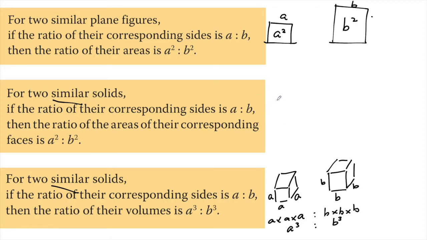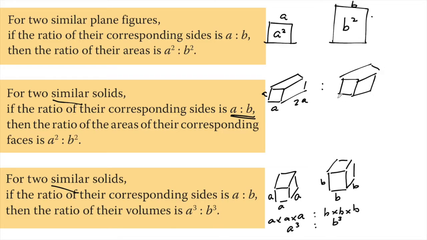So even if it's a cuboid, let's say a cuboid with a length A and another side 2A. We're comparing it to another cuboid that has to be similar to it. What does it mean? It means that the ratio that corresponds should still be A is to B. I don't care if it's bigger.